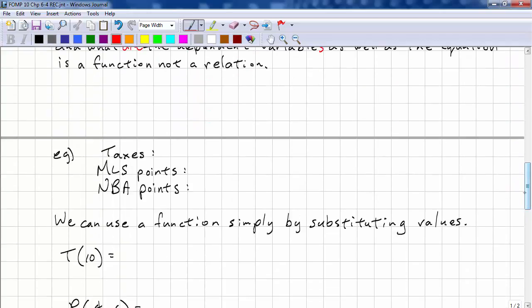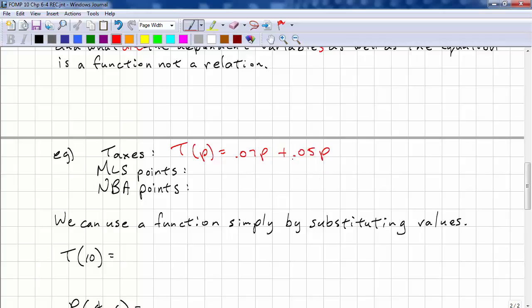So here's some examples. Taxes. We can calculate taxes. That's T of P, where P is the price, is 0.07 P plus 0.05 P. This is the provincial tax, and this is the GST.